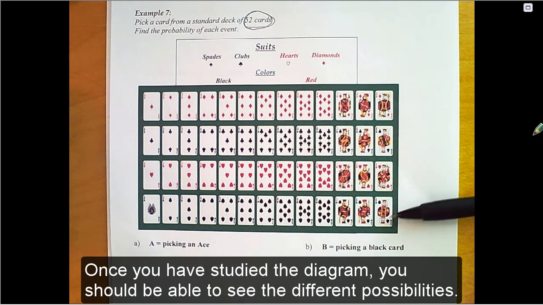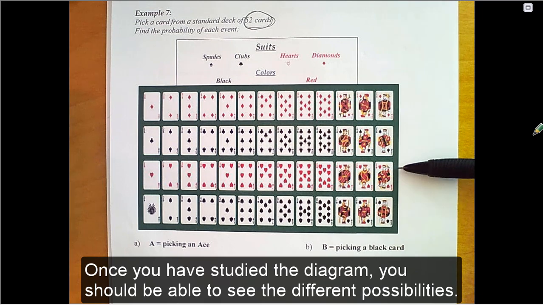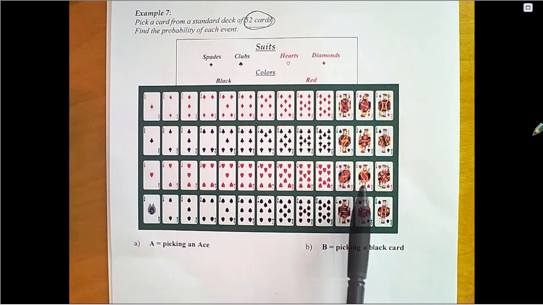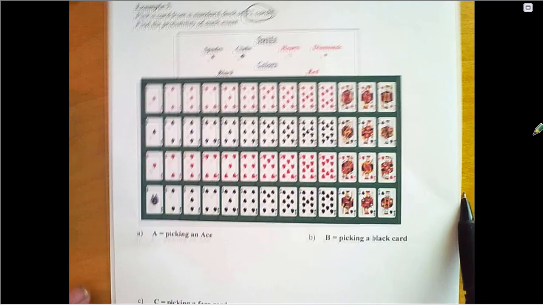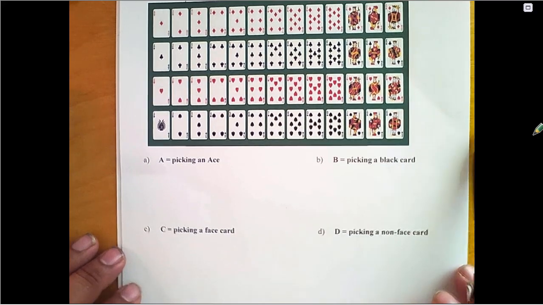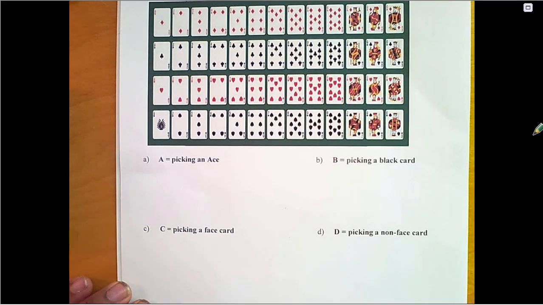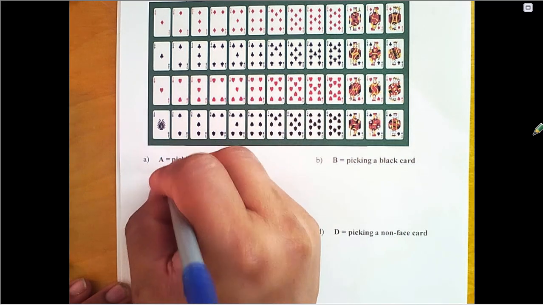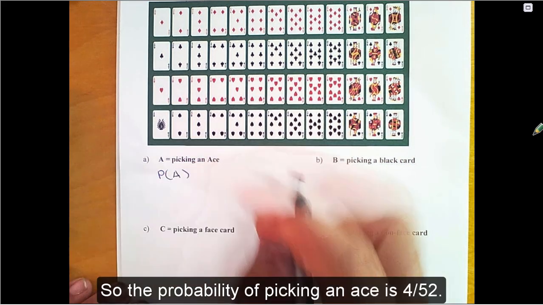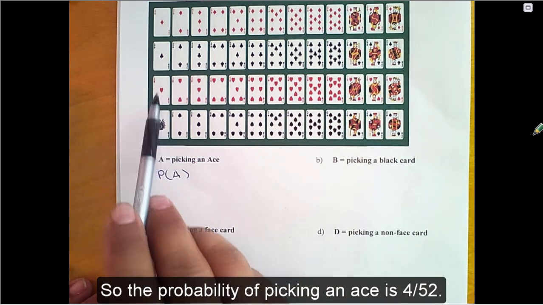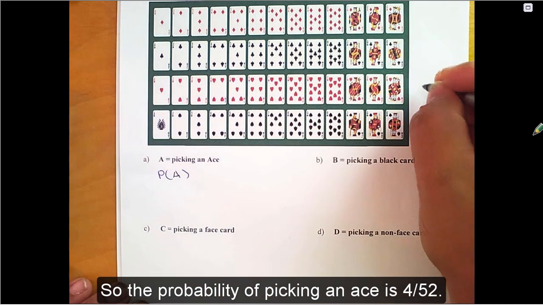Once you have studied the diagram, you should be able to see the different possibilities. So the probability of picking an ace is 4 out of 52.